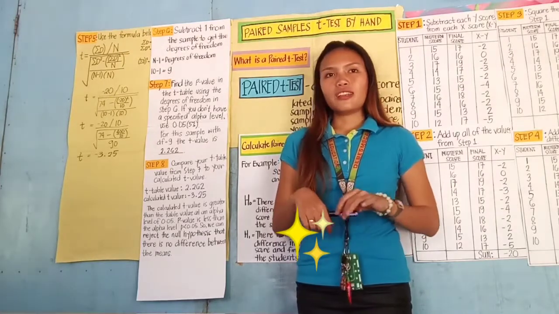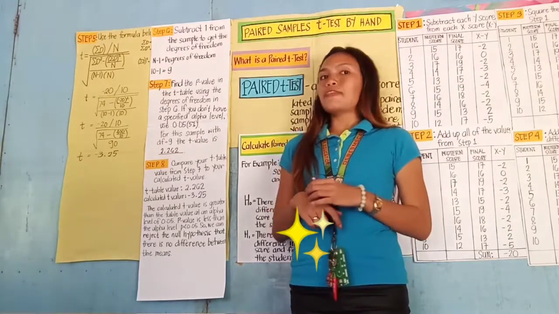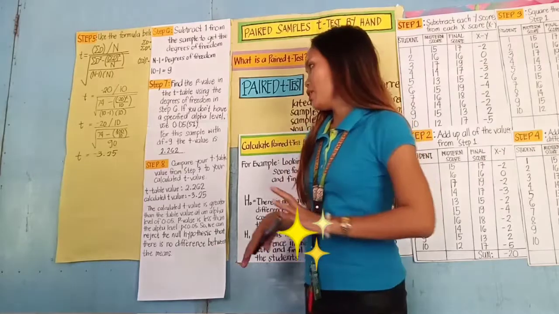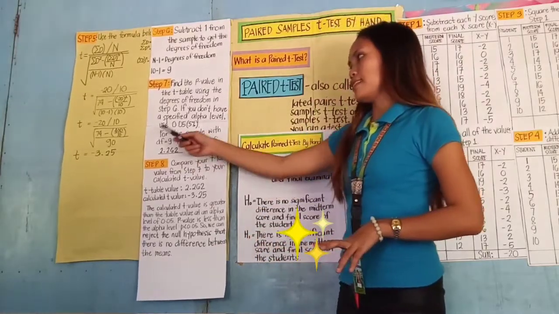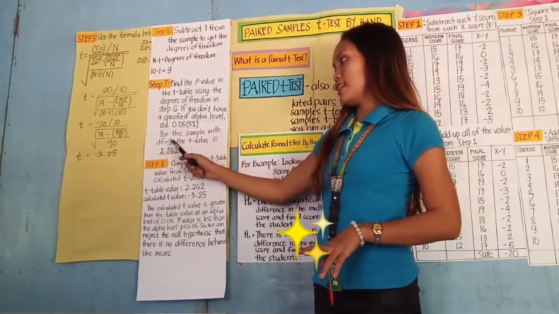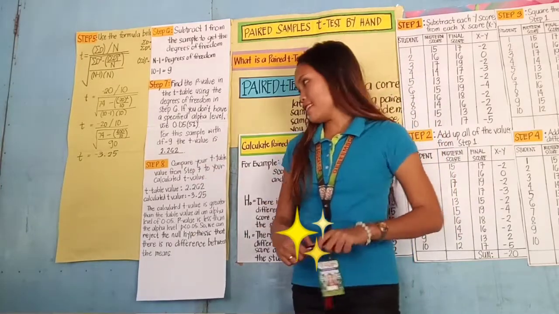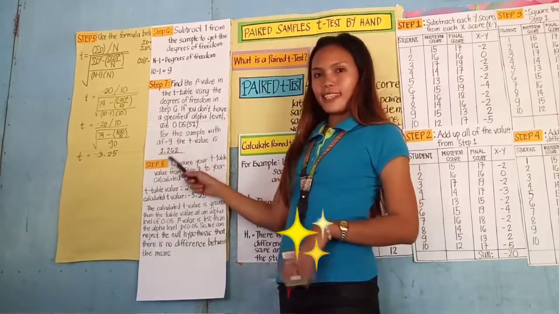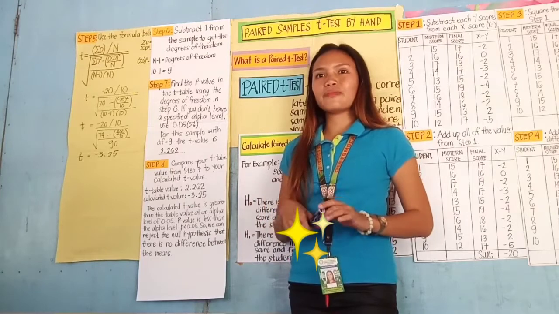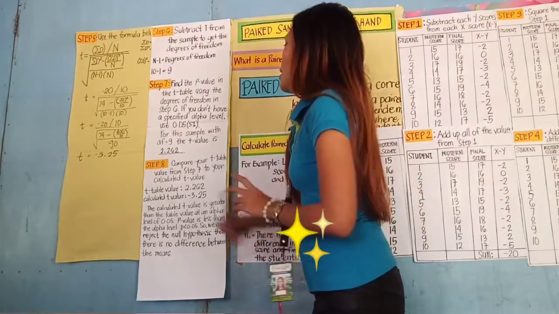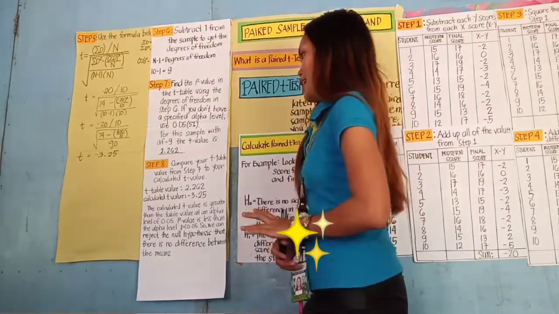Did you already find it? Okay, for this sample with degrees of freedom equal to 9, the t-value is 2.262. The same? Alright, then let's proceed to step 8.